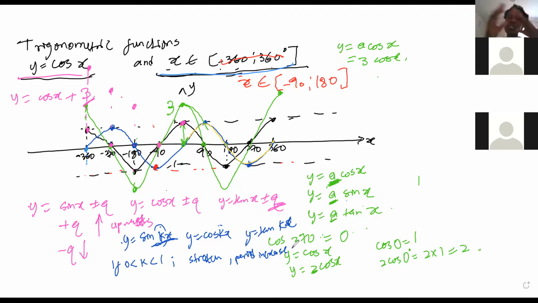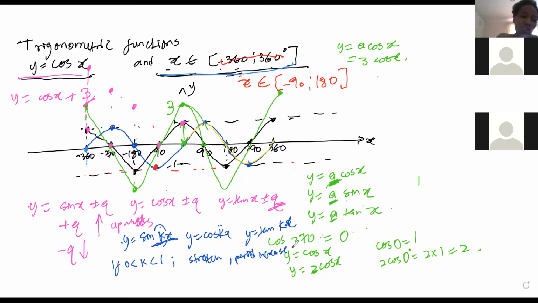Remember, if your graph stretches, that means the complete cycle is also going to grow bigger, because you are pulling your graph further away. So the graph is going to stretch, and the period is going to increase.